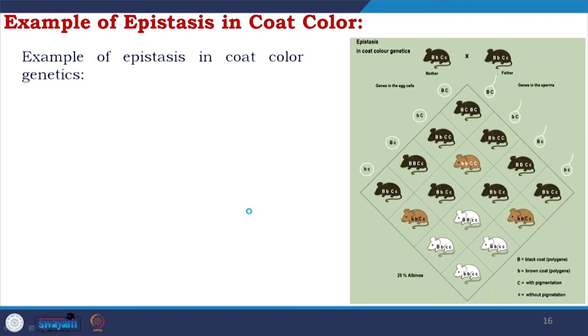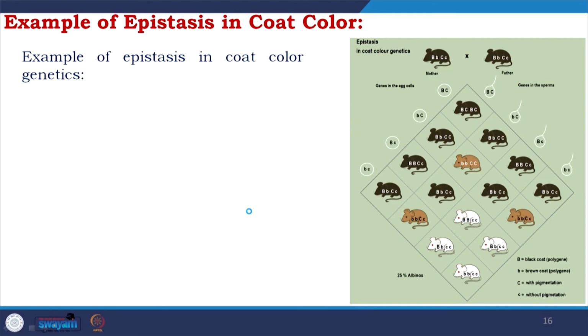Another example, you will see, is coat color genetics. Mother is Bb Cc and father is also Bb Cc. So, B dominant, b recessive, C dominant, c recessive, and then you see different combinations.